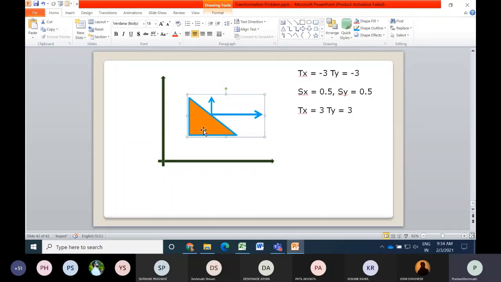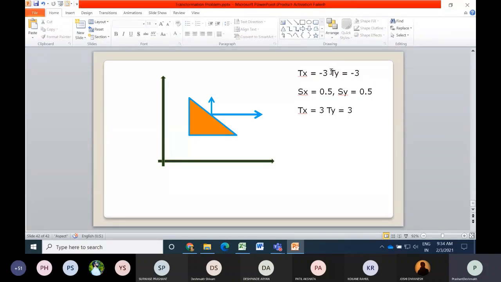So the size of the triangle will be the same, but the position of the triangle, that means the coordinates of A, B, C, will be different. Is it clear?